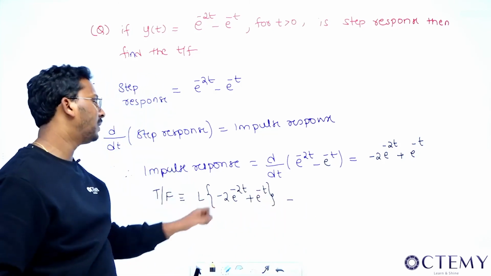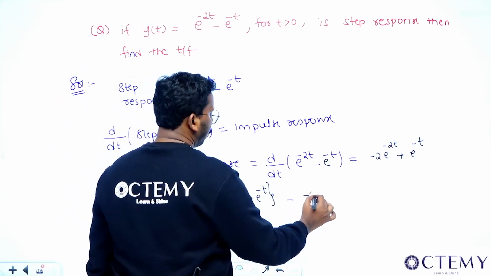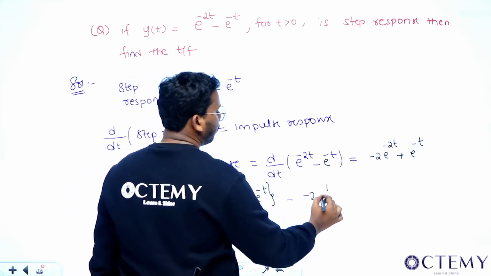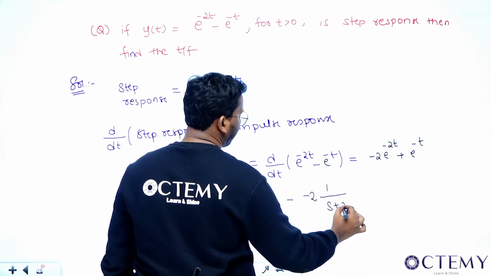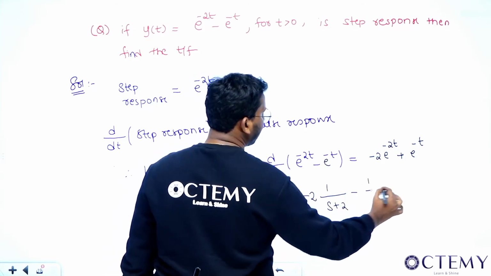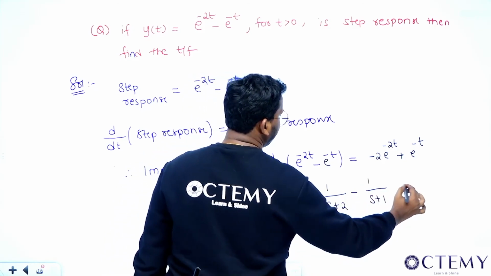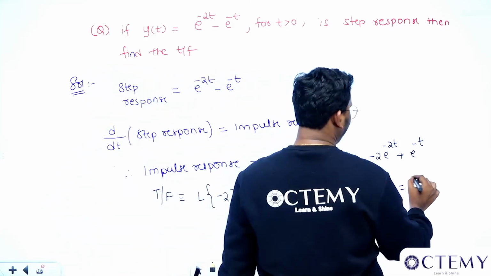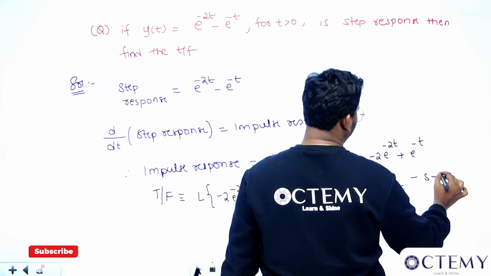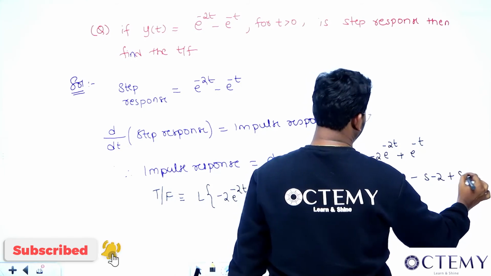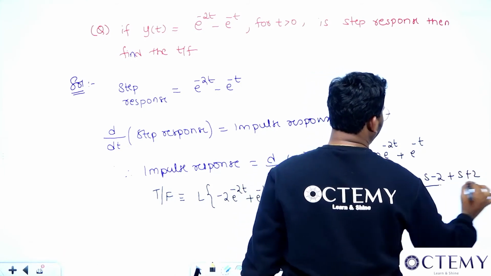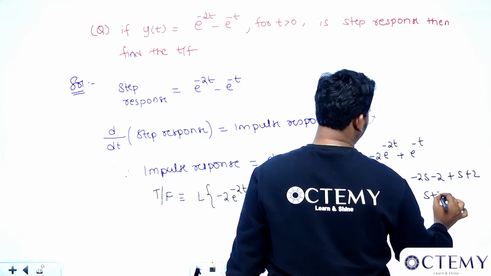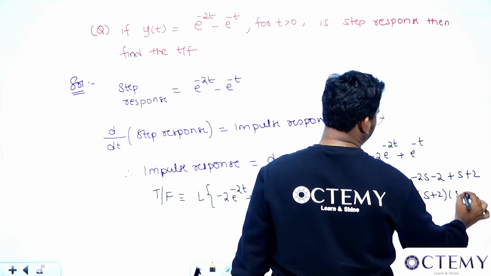That means what will happen, sir? Minus 2 into e power minus 2t is 1 by s plus 2 plus 1 by s plus 1. So if you solve this, see, sir, what will you get? This will be minus 2s minus 2 plus s plus 2 divided by s plus 2 into s plus 1.